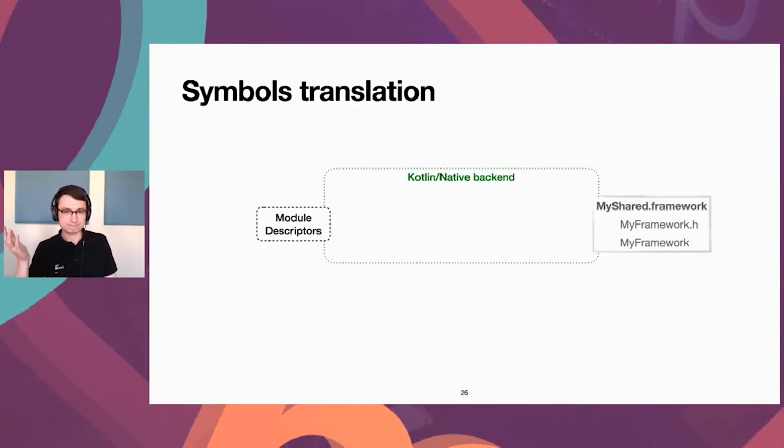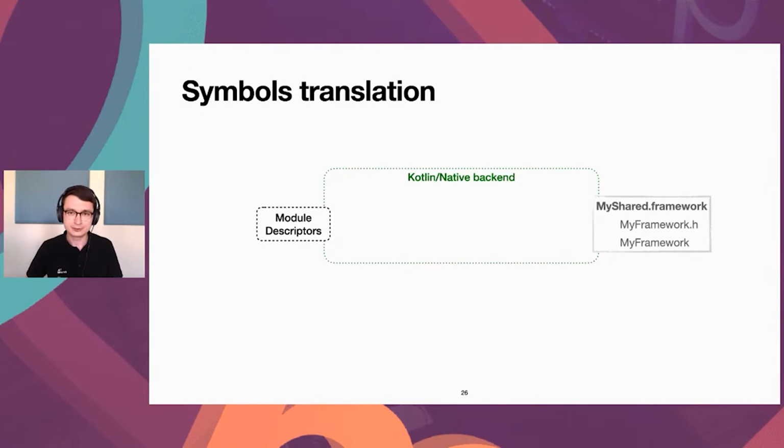And if we have a closer look again at the Kotlin Native backend, we see that it's just a machine for transforming module descriptors into the framework. Before, it was creating the Objective-C header directly from module descriptors. So it would read these symbols it had and just generate text directly into this header.